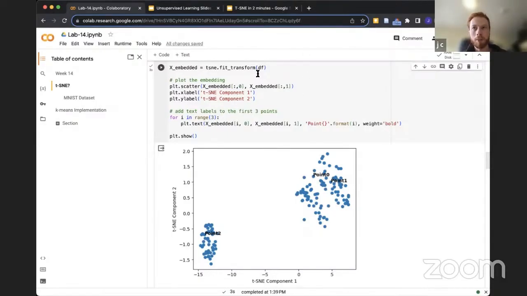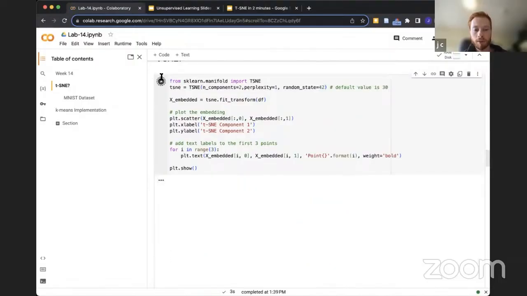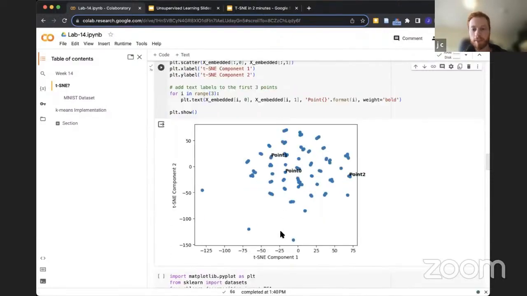But depending on how we plot the data and how we interpret our plot, that might skew our view onto the data. For example, if I make a more extreme example and set the perplexity to 1, we get something like this, which we could have 1, 2, 3, 4, 5, 6, 7, and so on clusters, which also doesn't really make sense.